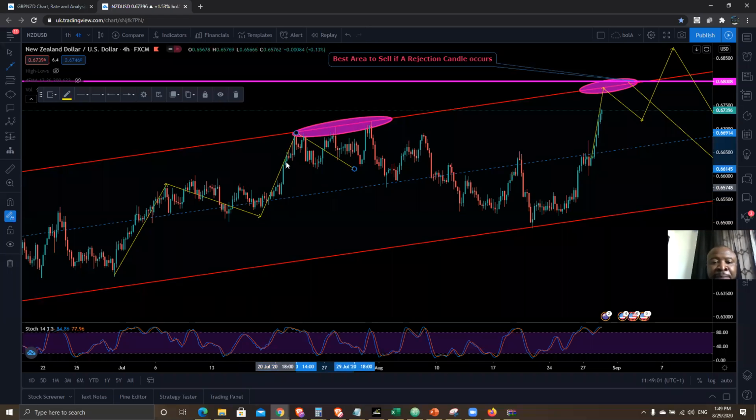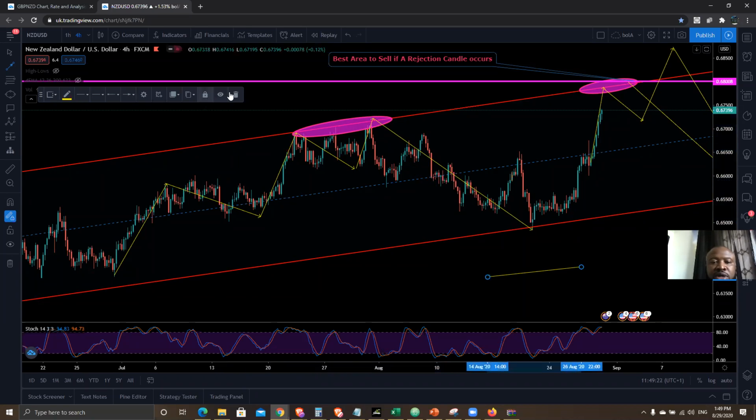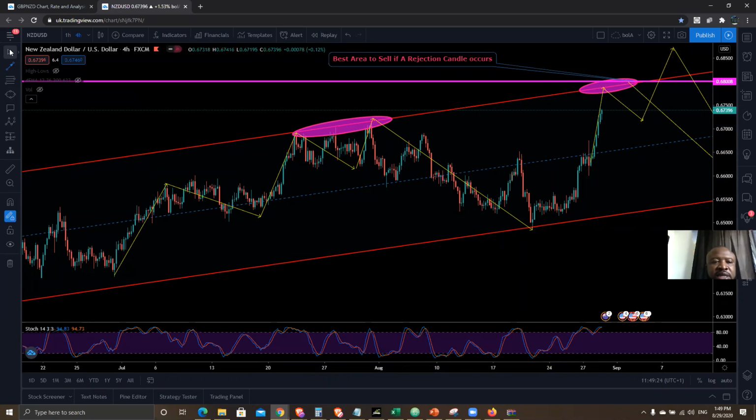Just because we approach this area with an impulsive move, then you can think of a potential correction and then the continuation. So by the time those continuations hit this level two to three times now, they become so weakened and price tends to fall. So pay attention to that process in this area as well.